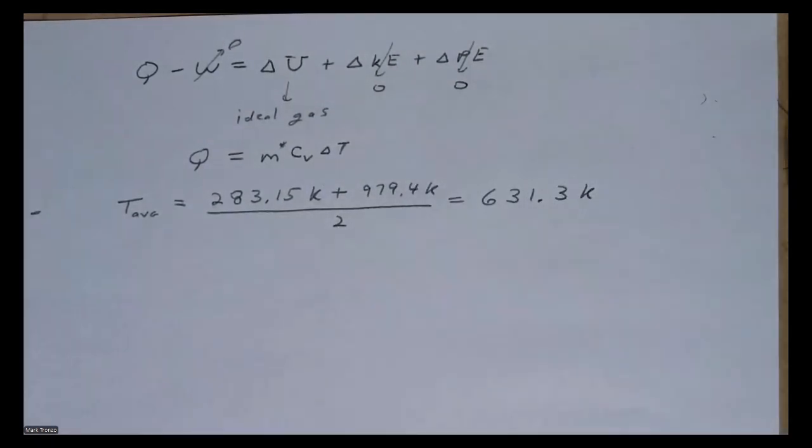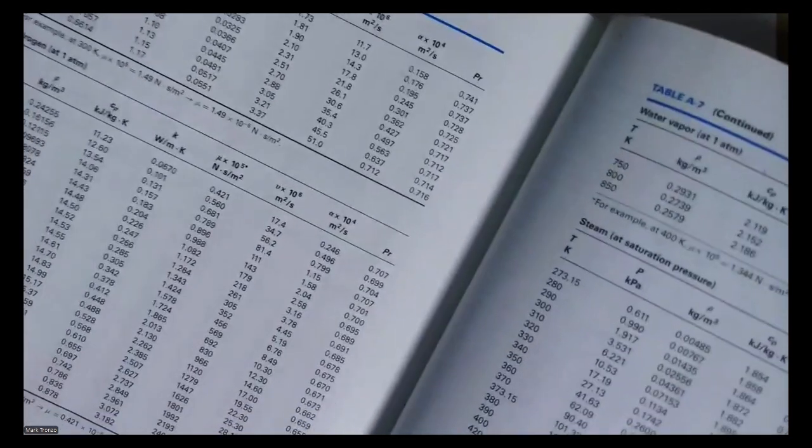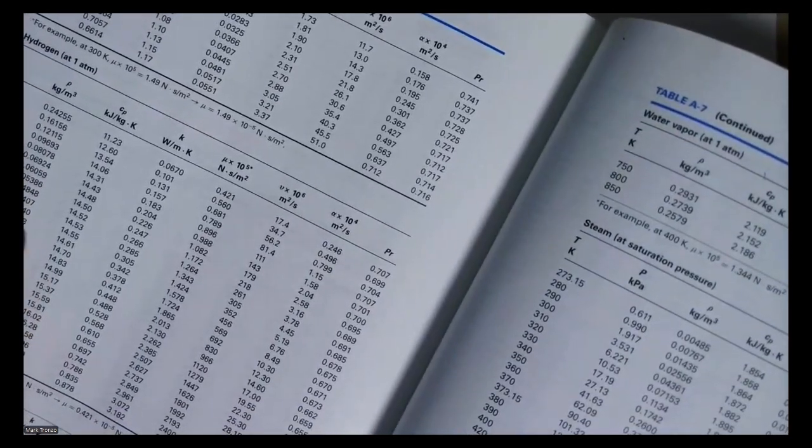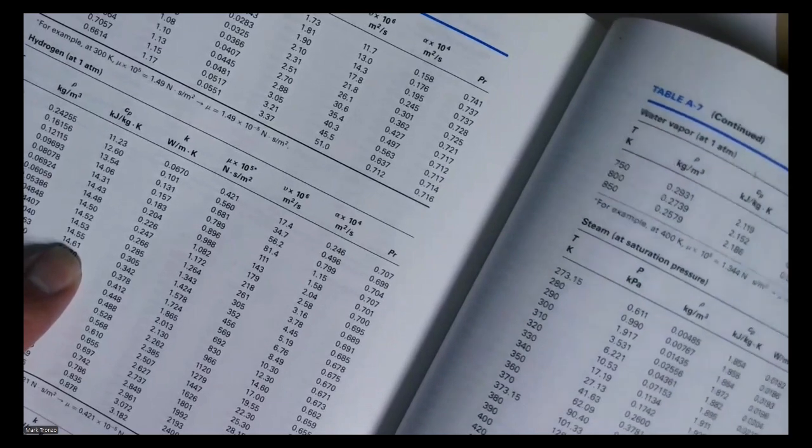And we'll look up again in Kaminsky and Jensen. I'll look up under hydrogen. We want to see around 630. So for hydrogen, C_P, let's see.